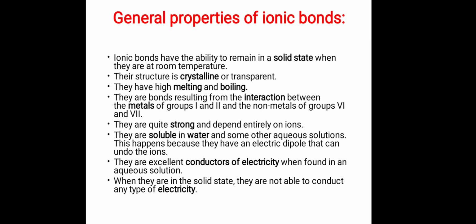They are quite strong and depend entirely on ions. They are soluble in water and some other aqueous solutions. They are excellent conductors of electricity in aqueous solution. When they are in solid state, they are not able to conduct any type of electricity.